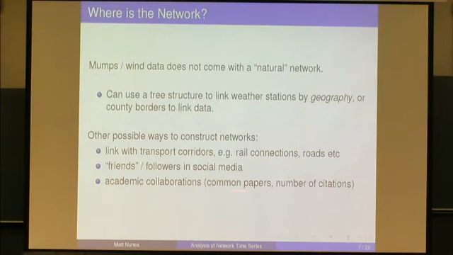And academic collaborations. So, for example, I collaborate with Guy. I might have a number of papers with Guy, which gives you some sort of strength of collaboration, and vice versa. So you can get some sort of idea about how strong the connection is across the network, and you can create these sorts of things.